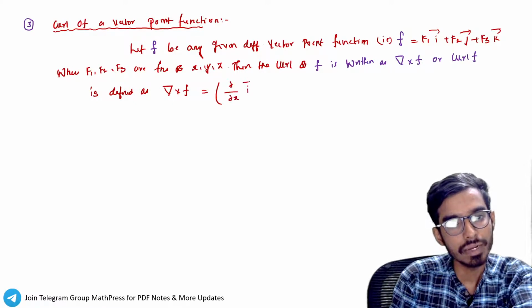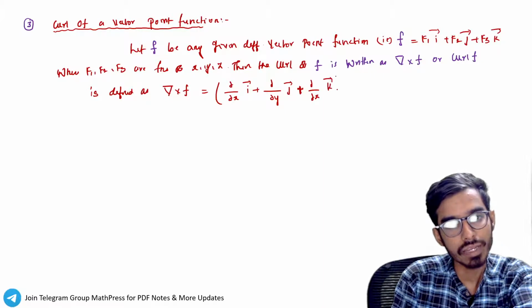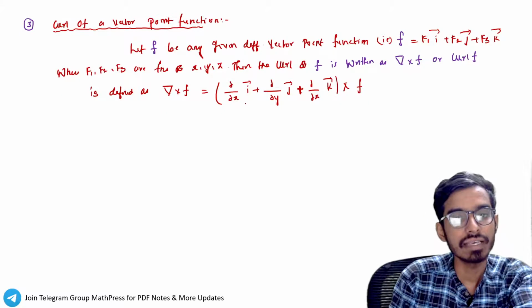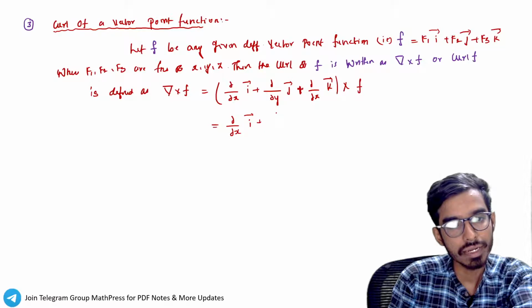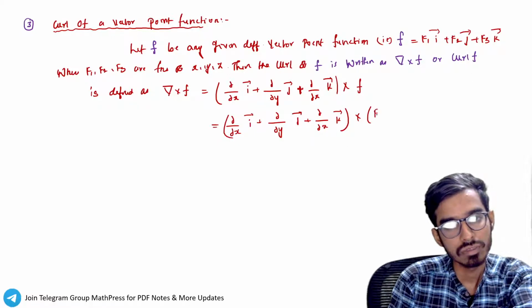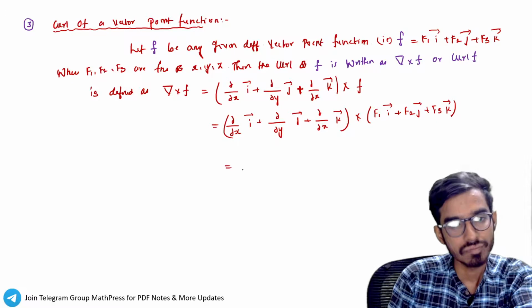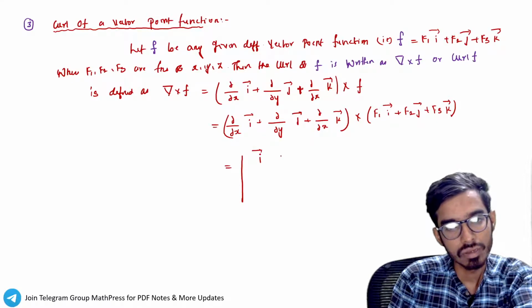It is the differential operator: dou by dou x of i vector, plus dou by dou y of j vector, plus dou by dou z of k vector, cross f. What is f? f is f1 i vector, f2 j vector, f3 k vector. So this is nothing but the determinant of i vector, j vector, k vector.